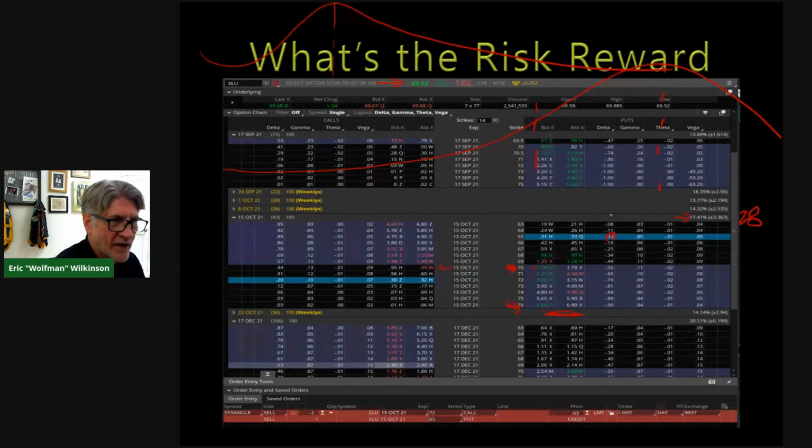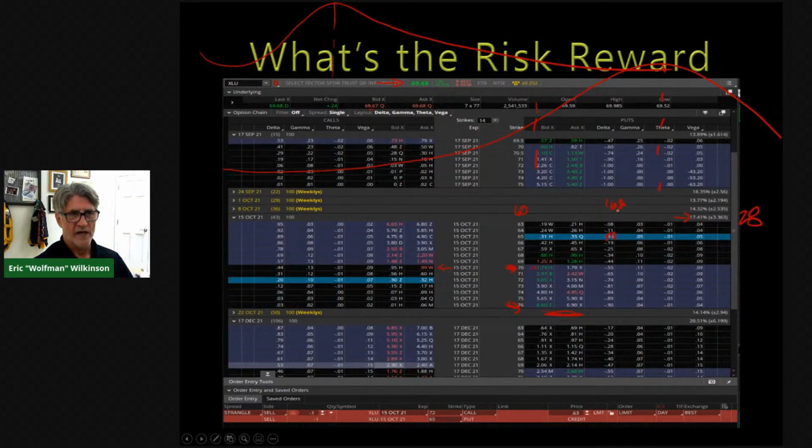And somewhere out here, maybe the 61 is now the 16 delta. Okay? Does that make sense? Because delta really is, yes, the rate of change of your option. That's what everybody says. But it also is the probability of the strike being in the money.